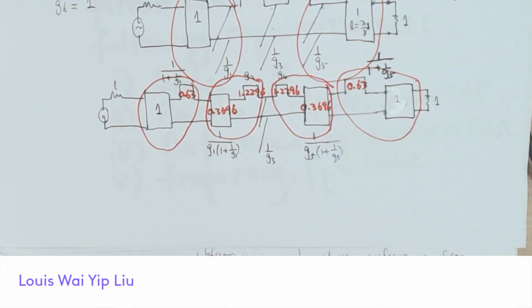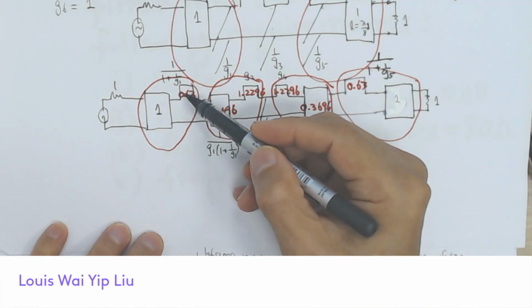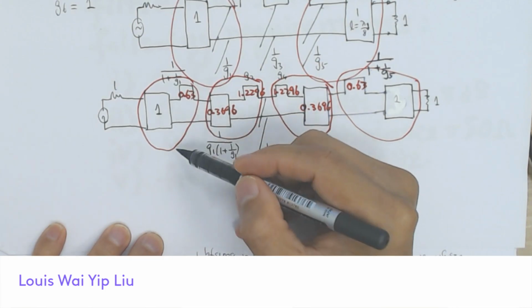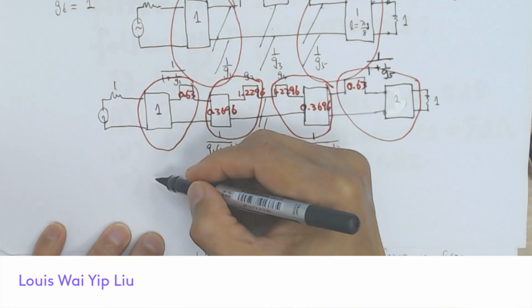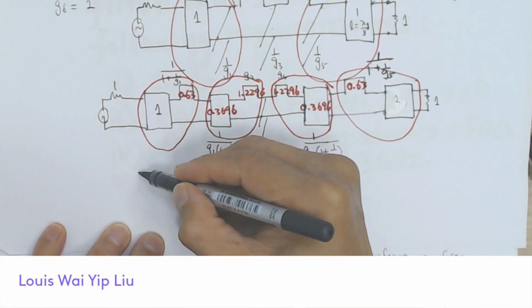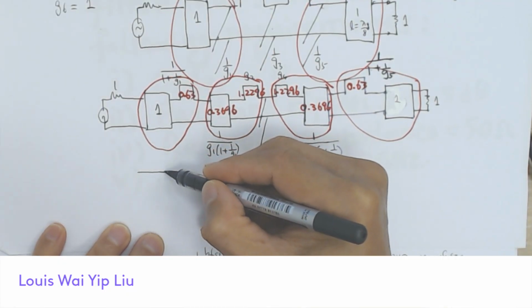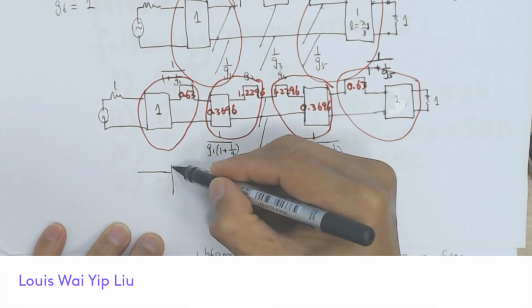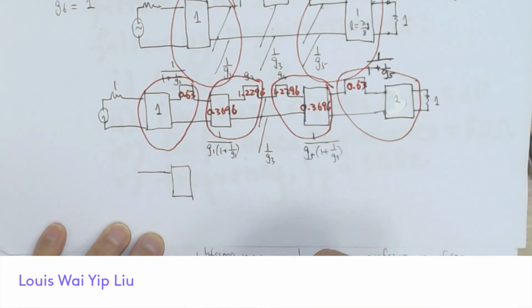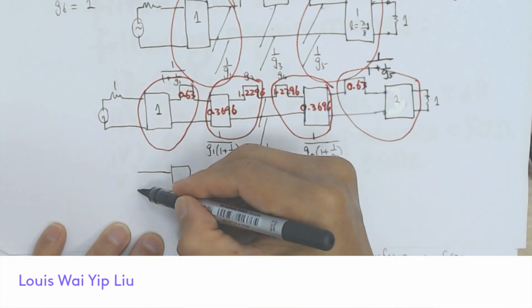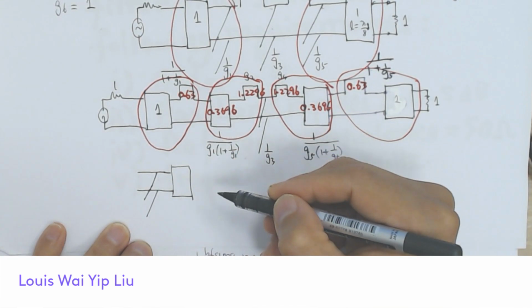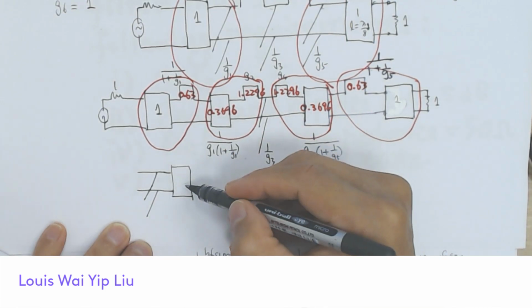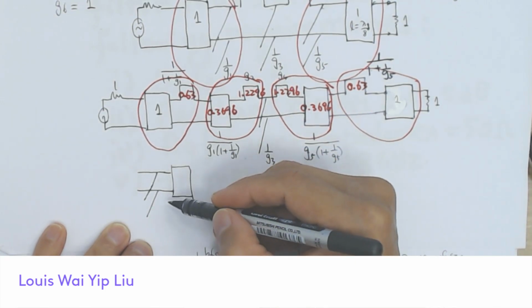The next stage is to convert this one into a transmission line section together with an open circuit stub. The impedance here can be calculated.